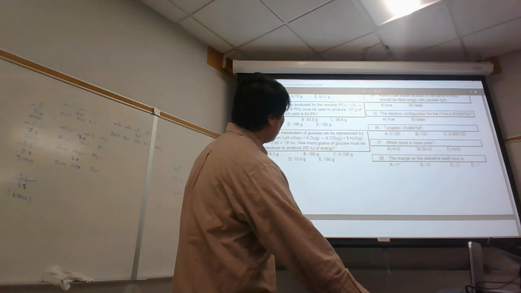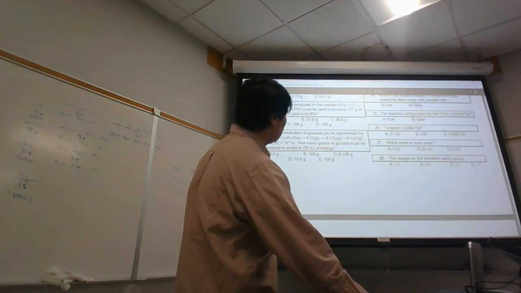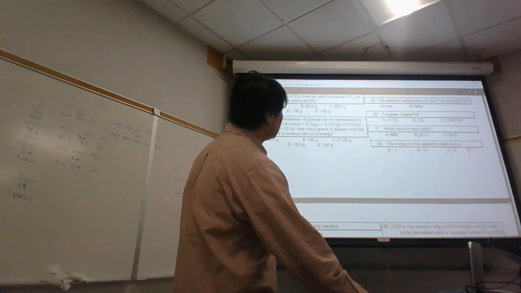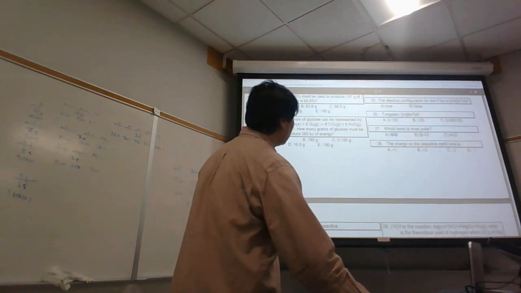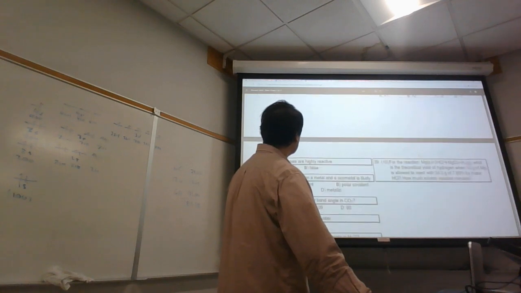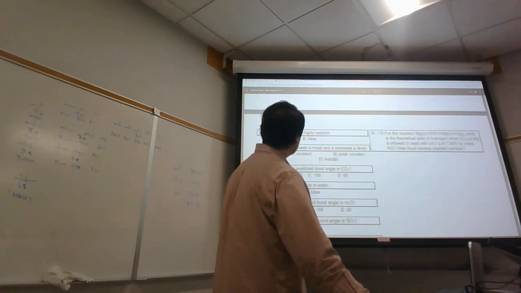Which bond is the most polar? A is correct. The charge on alkaline earth ions is B, plus 2. 29, noble gases are highly reactive.